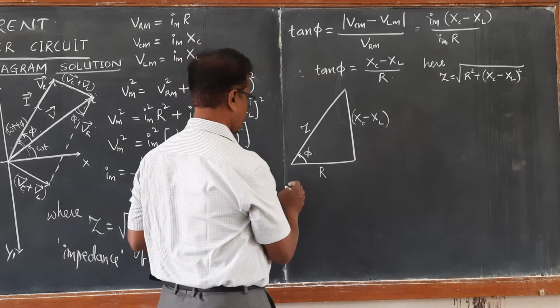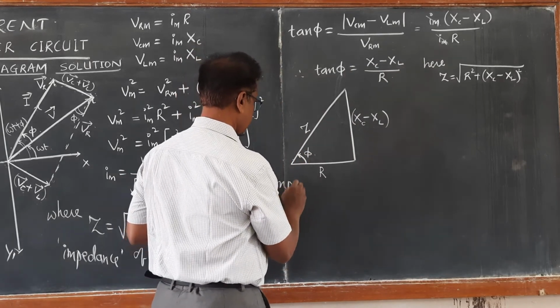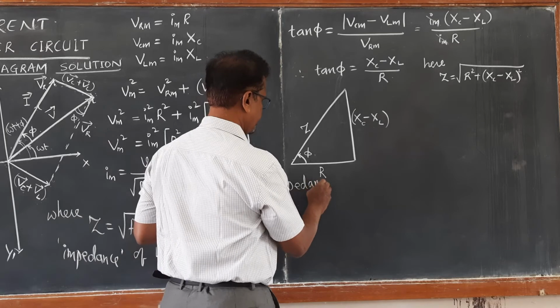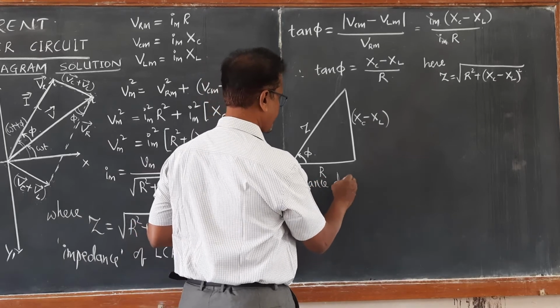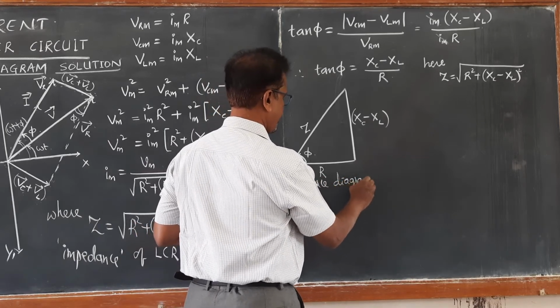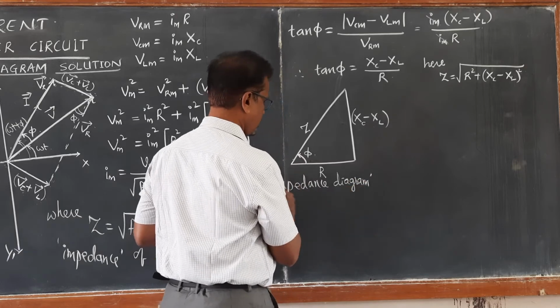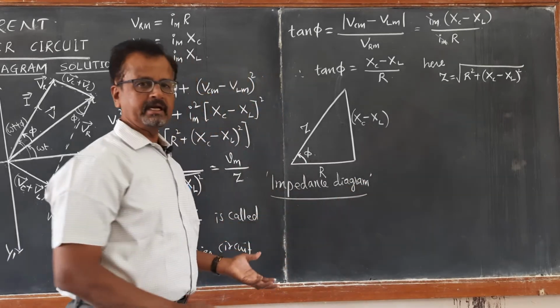This is what we call the impedance triangle, impedance diagram, or the impedance right angle triangle.